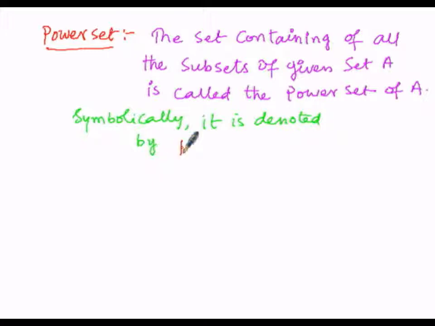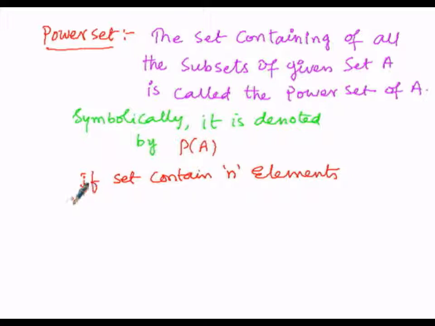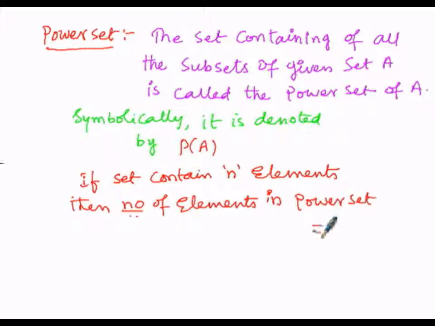So in case the set contains n elements, then the number of elements in the power set is equal to 2 to the power of n.